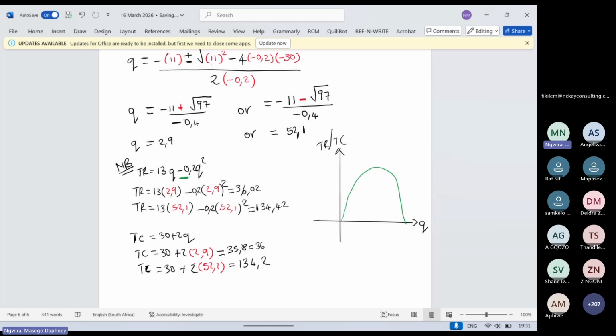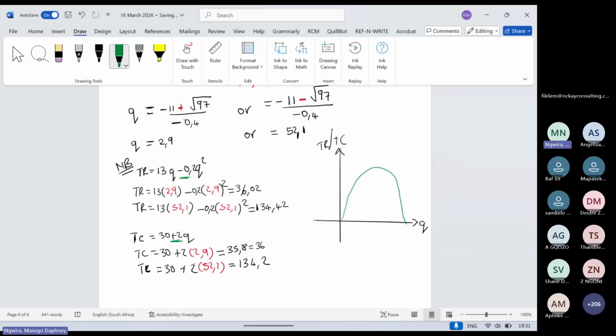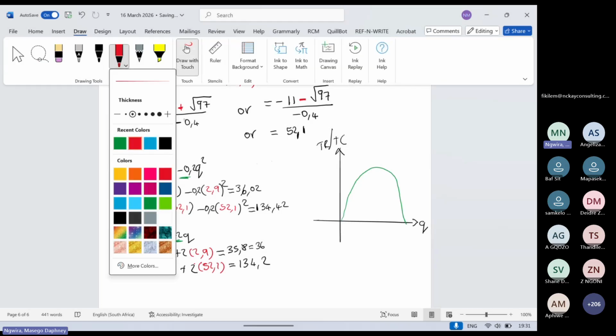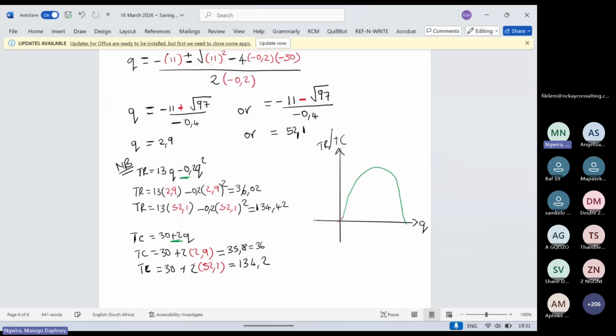This one is a positive gradient, so it's going to go up. You'll have another graph going the other direction, starting maybe from 0, or maybe not 0, starting from 30, going there.